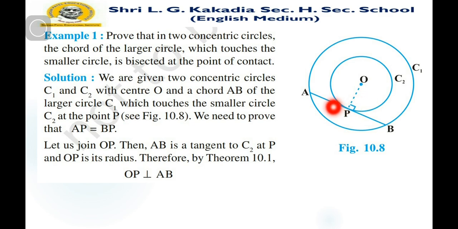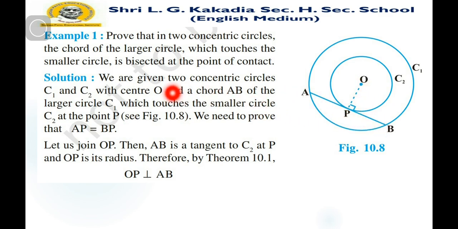OP is also perpendicular to AB on circle C1, and we know that a perpendicular drawn from the center of the circle divides a chord into equal parts. So we can easily say that AP is equal to PB.